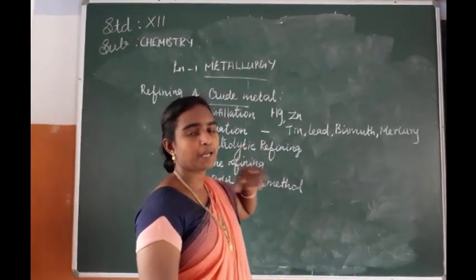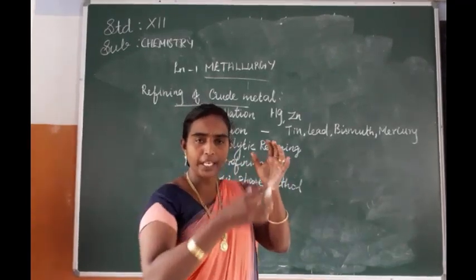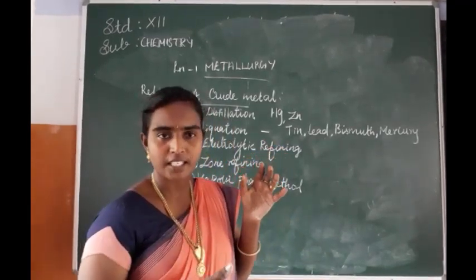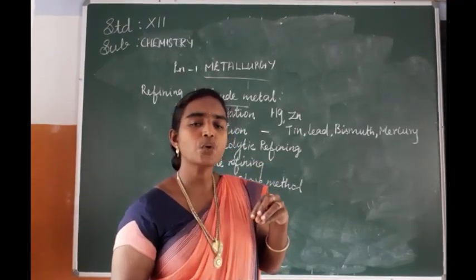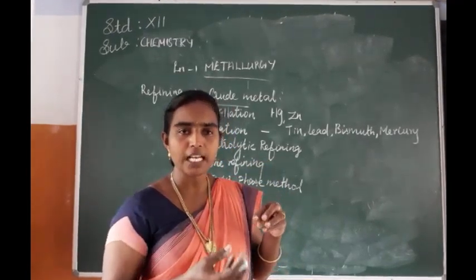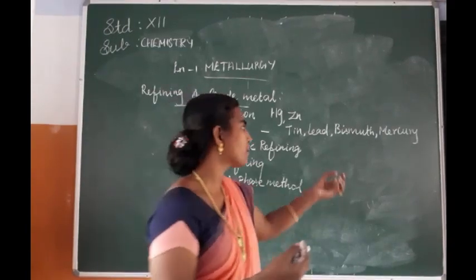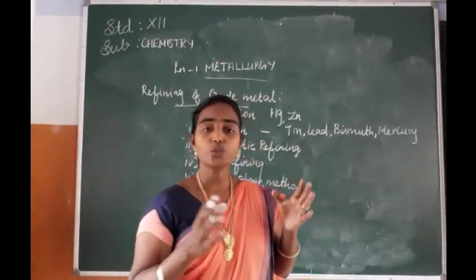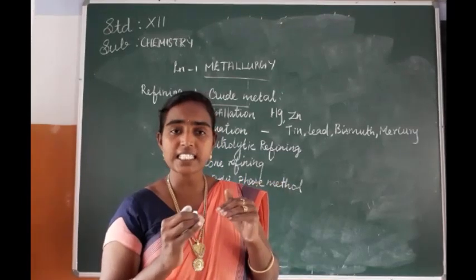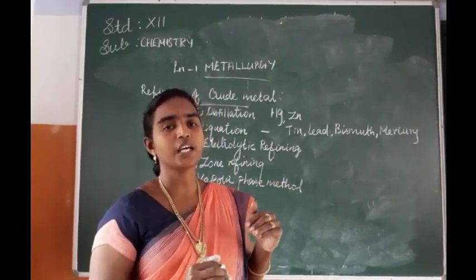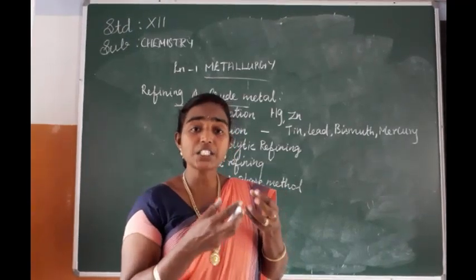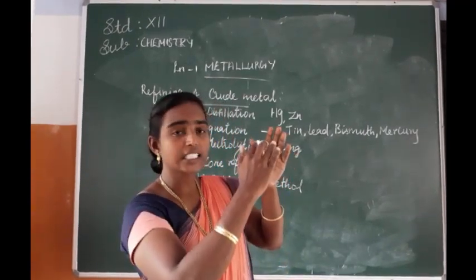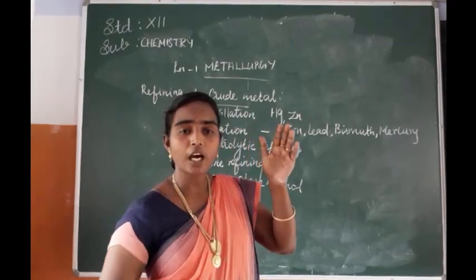So now I will explain the process. In a sloping hearth of a reverberatory furnace, the impure metal is taken. We have to heat that impure metal just above the melting point of the metal. Not too much temperature, only just above the melting point of the particular metal. So when the metal starts to melt, it is kept in a sloping hearth, isn't it?